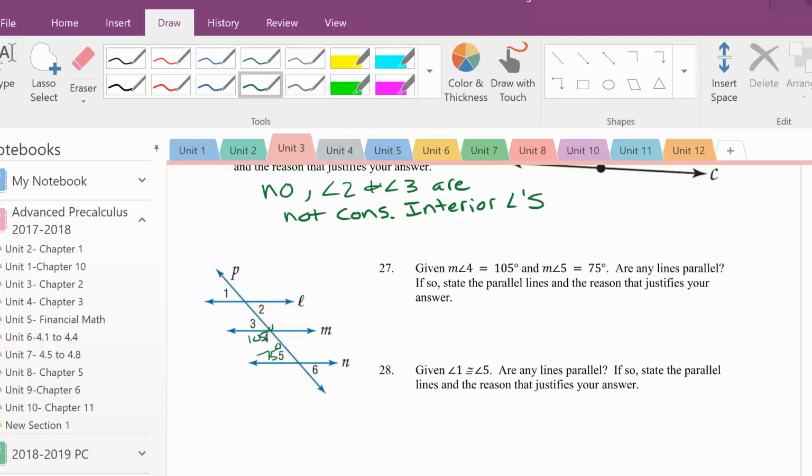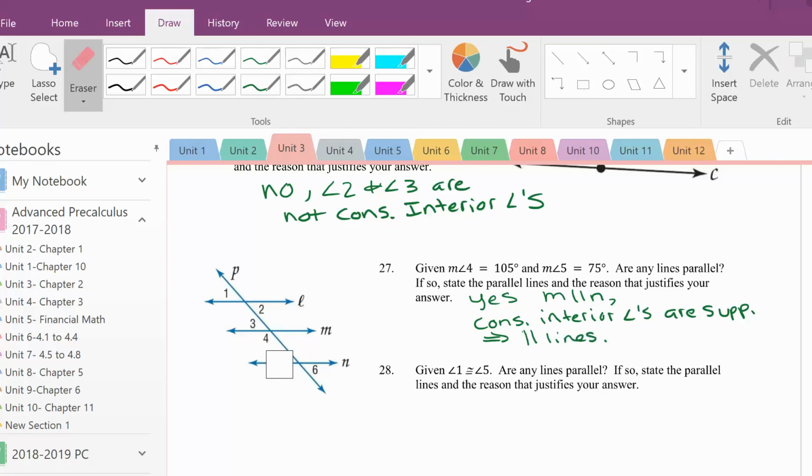Well, notice 4 and 5 are now consecutive interior and they are supplementary, so therefore, yes, M is parallel to N, and the reason would be: consecutive interior angles are supplementary, then you have parallel lines.